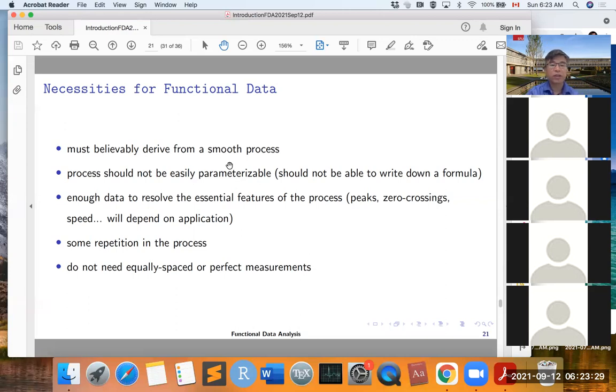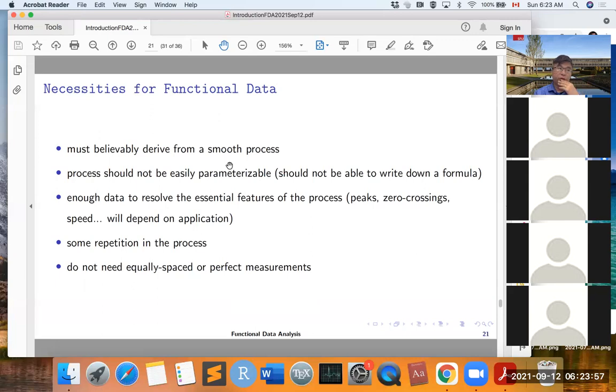Also, the functions are typically not easily parameterized. We cannot write down a formula for the function, and we will not make any parametric assumption on the function. We also assume that we have enough data to find the features of the process, like the peaks.